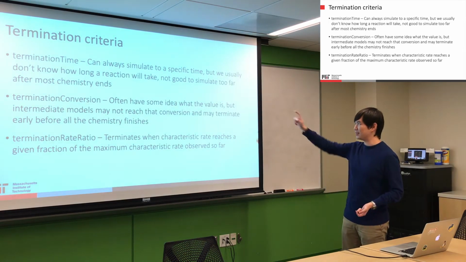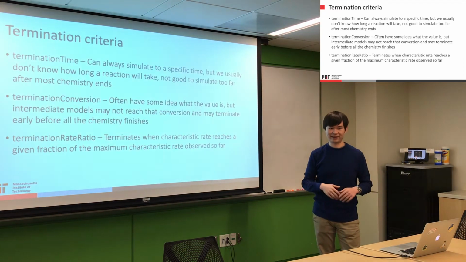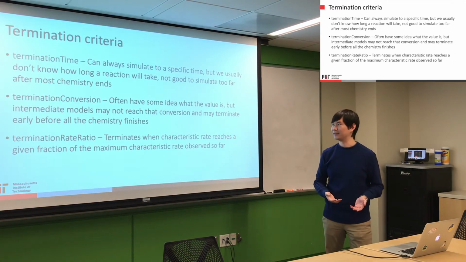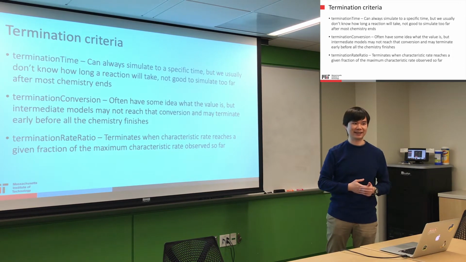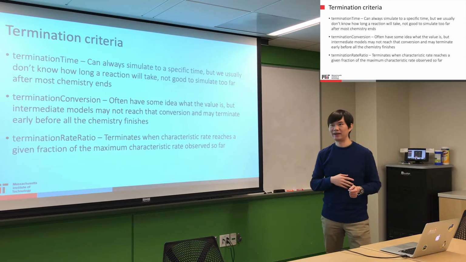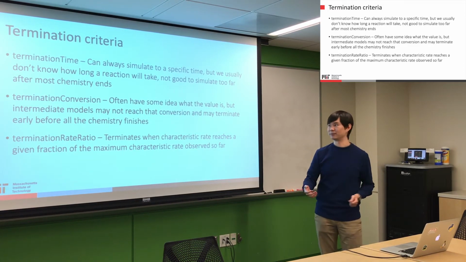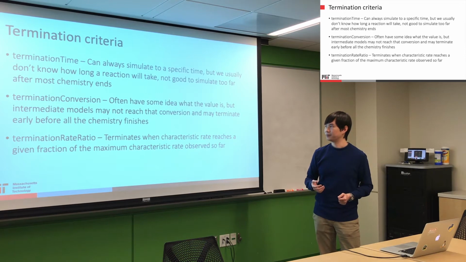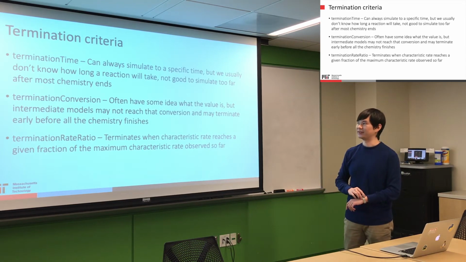But this can be difficult if you're trying to predict the reactivity for just a random chemistry, and you're not necessarily comparing to experiment, because you might not know exactly how long most of the important reactions take to complete. So that's just one thing you need to keep in mind when you're setting this.